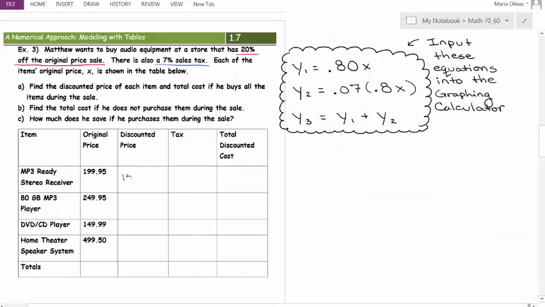Okay, so I'm just going to go ahead and jot these values down. These are the values for the discounted price of the items. I'm going to do these in blue so that you know that these all represent the discounted price.